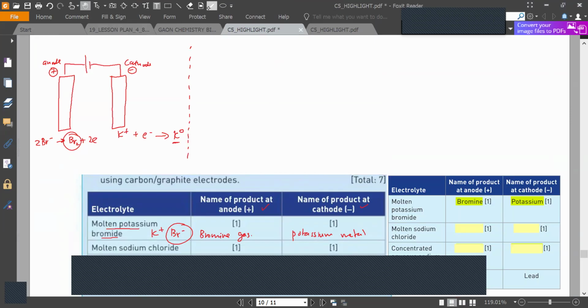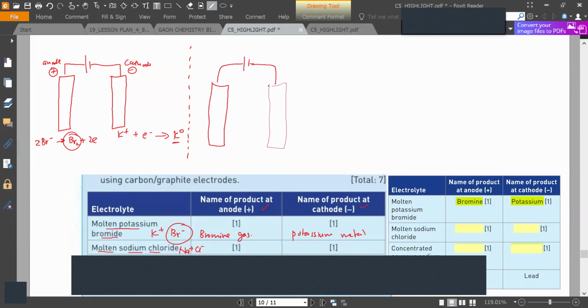Next one, we have molten sodium chloride. Molten sodium chloride means we have Na+ and Cl-. Now we try again. Positive anode, negative cathode.